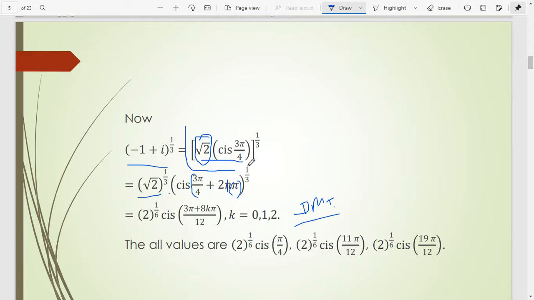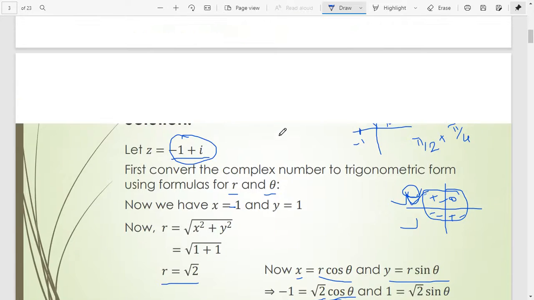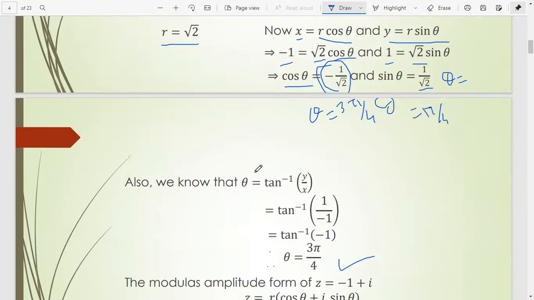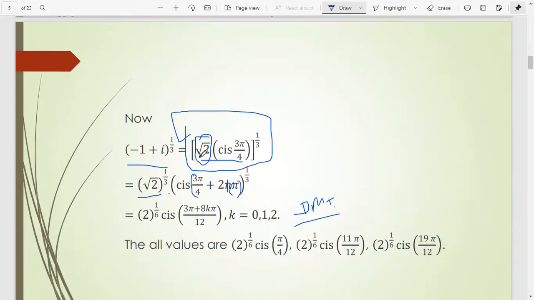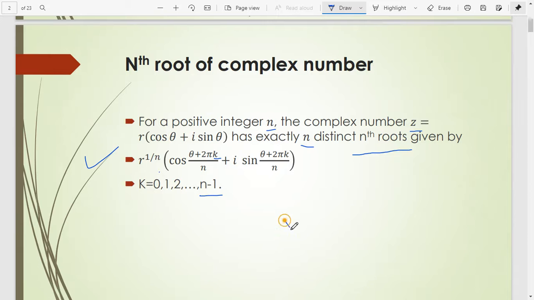For the solution of this, we can use this formula: root 2 cis 3 pi by 4, the whole raised to 1 by 3.